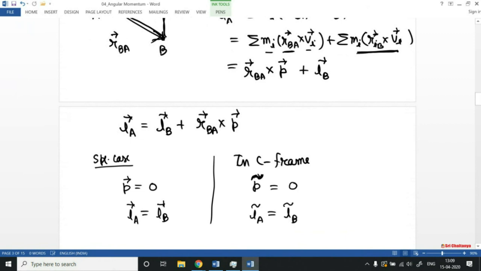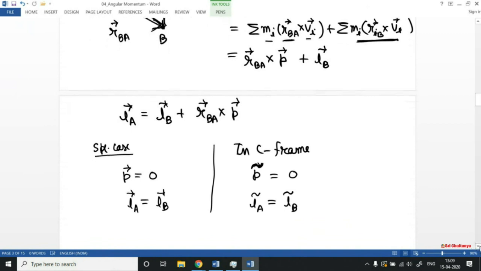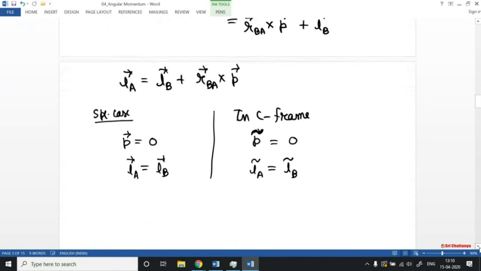So this is the benefit of C frame that I have been always talking about. So if you are writing the angular momentum of a system of particles in C frame, you need not worry about which point you are writing the angular momentum, because it would be the same about each and every axis. So that is a very, very important result that we will be using later.